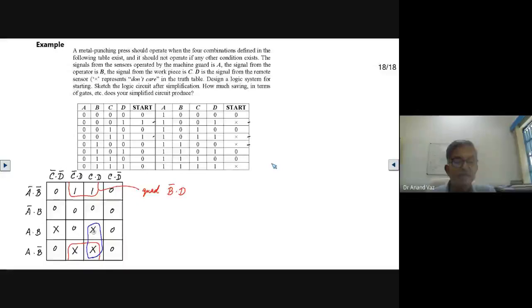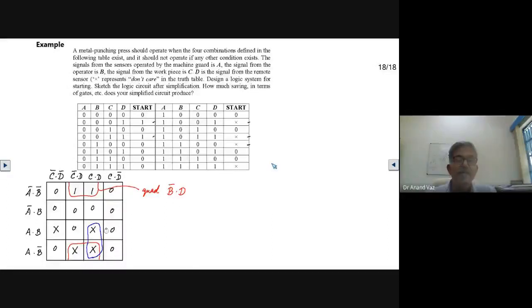It does not matter. So we need not consider this pair at all, because for the machine to start, for the metal punching press to start, it is not necessary that this pair should be taken into the logic. If we just have not B and D, that will be good enough. Okay.